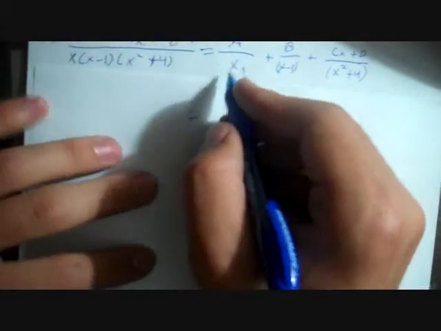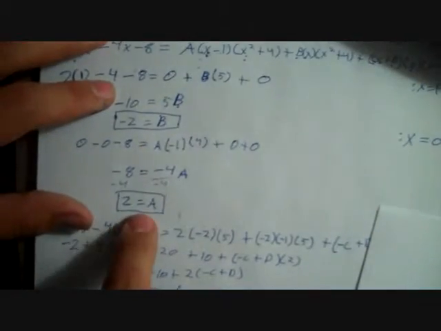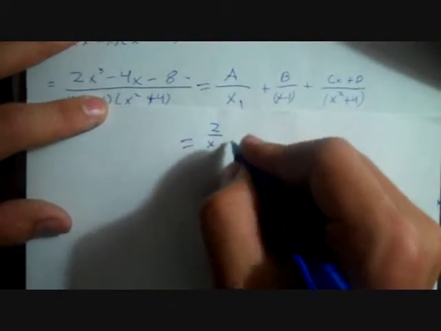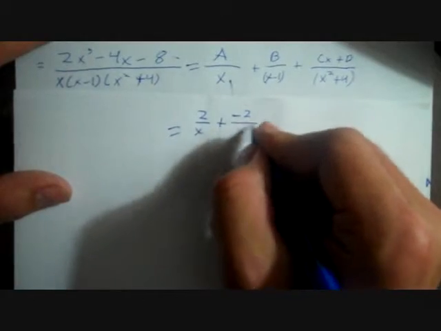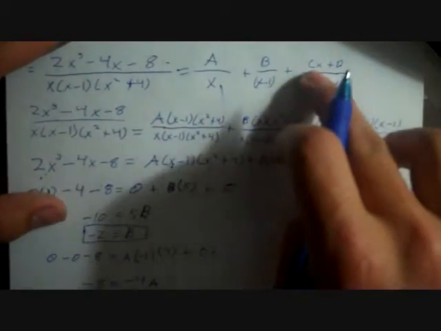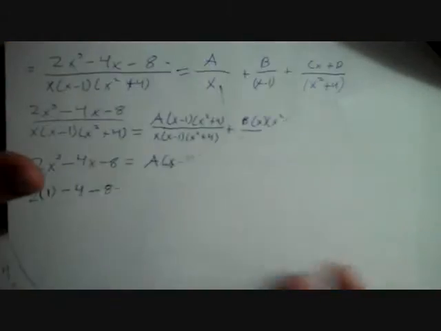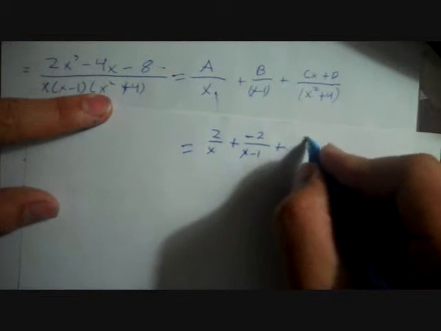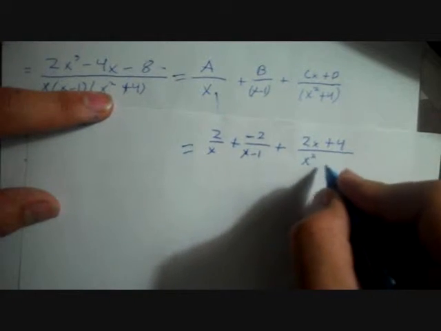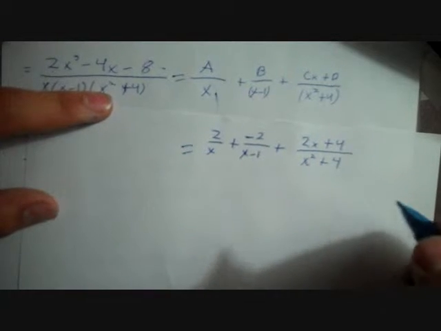So a equals 2, so 2 over x, plus b, negative 2 over x minus 1, plus c and d equal 2 and 4 respectively, so this will be 2x plus 4 over x squared plus 4.